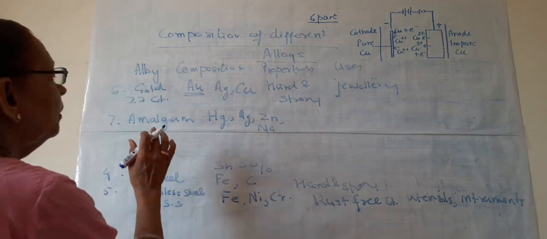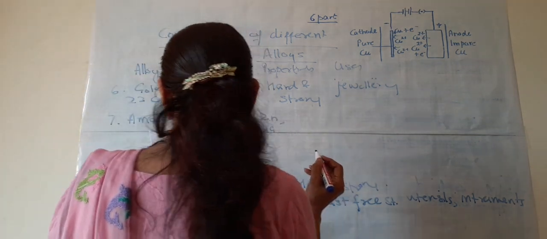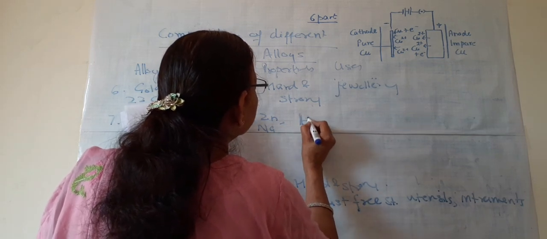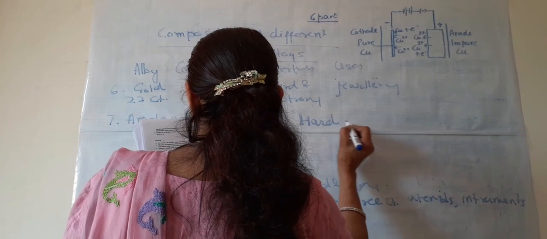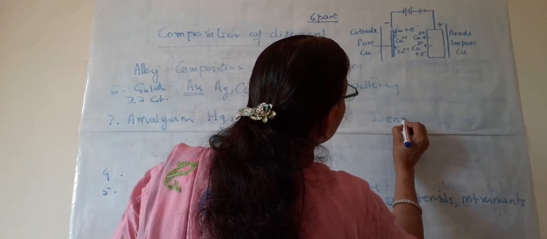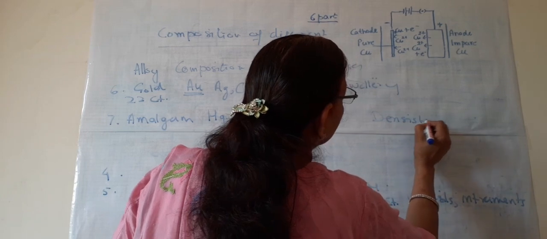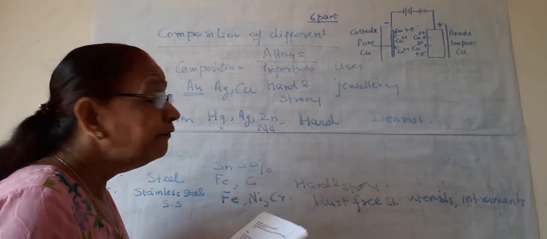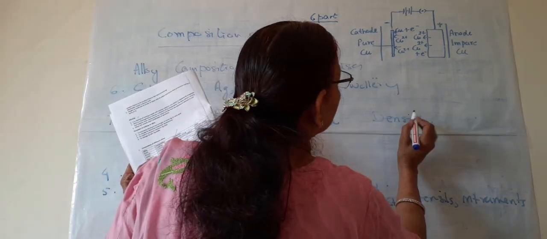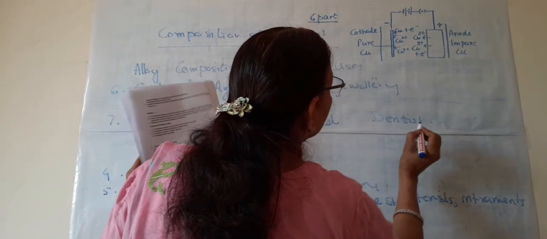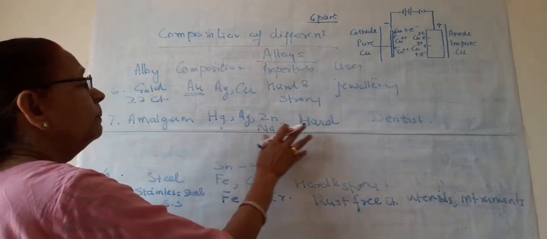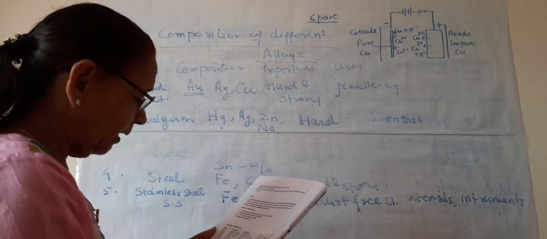So all these form amalgam, and this amalgam is very hard. Normally dentists use this amalgam, I think for filling purposes or something. Dentists use this amalgam alloy because it is very hard.